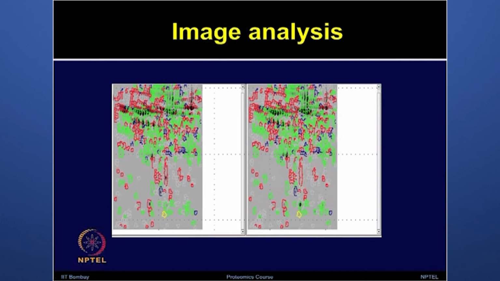If you remember our previous discussion, DIGE gel analysis is more automated and more straightforward, but still you have to go through individual spots and look at how real and how significant those changes are, and you have to look at the 3D views of those spots to ensure that they are reproducible among various control and treatment groups. The different levels of analysis were performed, which we have talked about earlier, but this just shows you the final output, that 63 spots after all the analysis steps were considered significant.